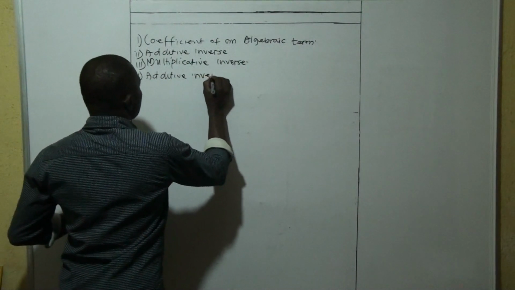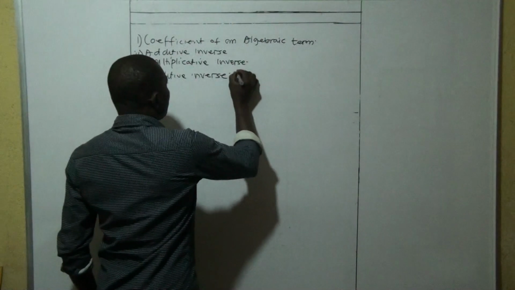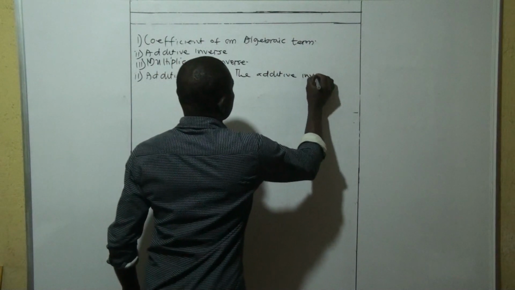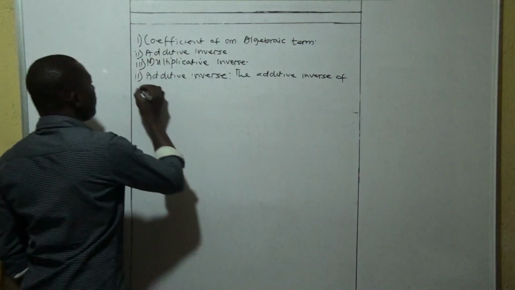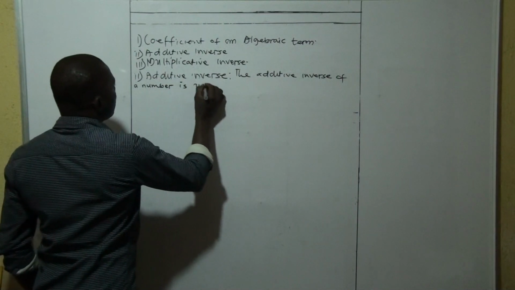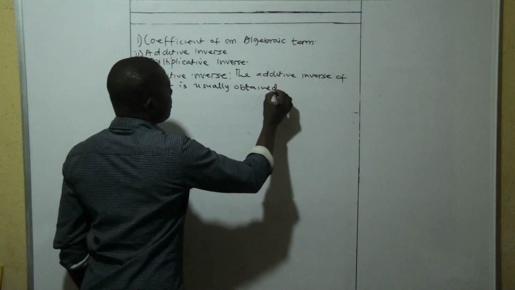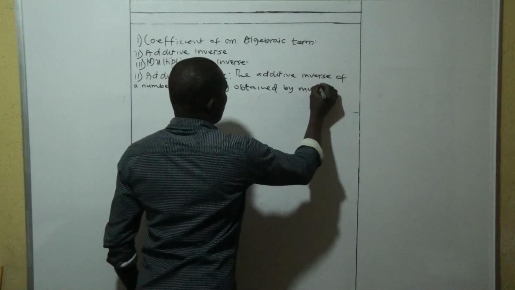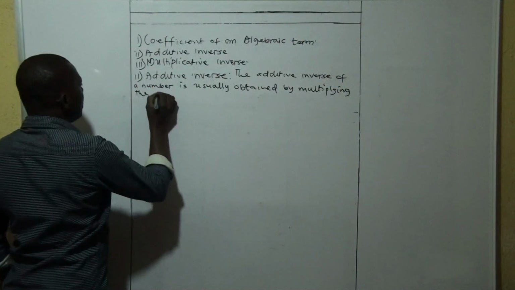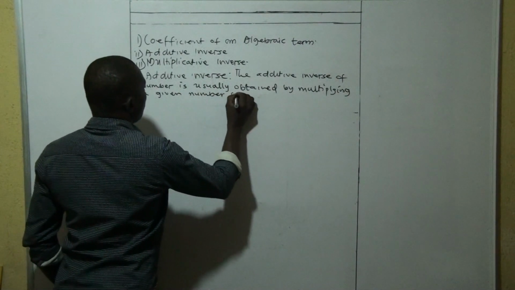The additive inverse of a number is usually obtained by multiplying the given number by minus 1.